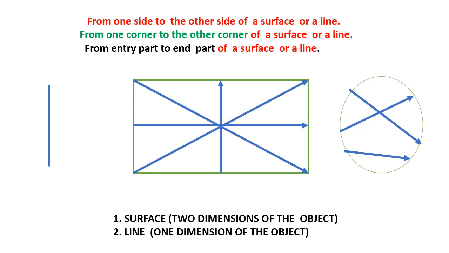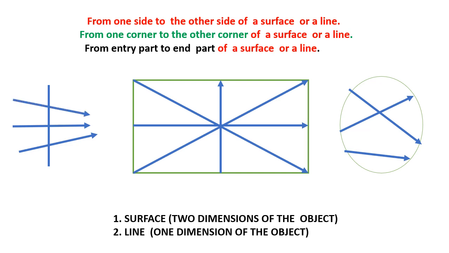Look at this. Here the object is a line. Here also from one side to other side of the line, when there is a movement, then we make use of across. Here is a movement from one side to other side of the line. Here also we make use of across.